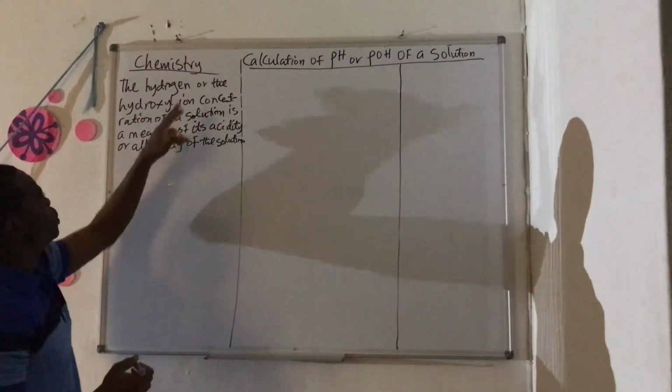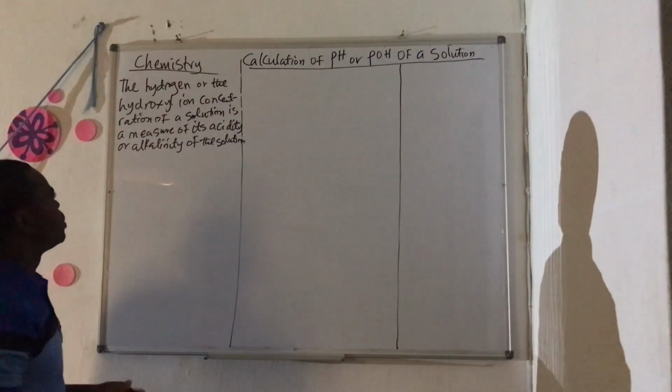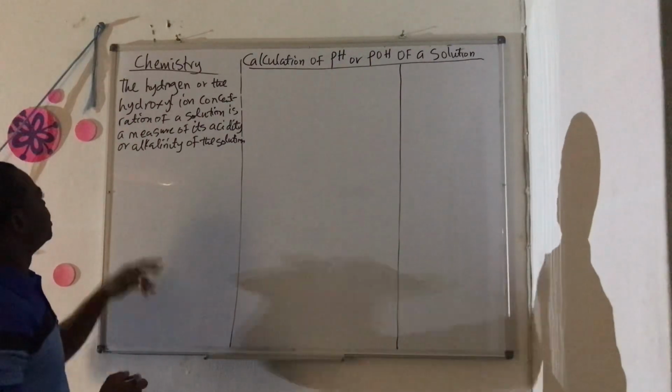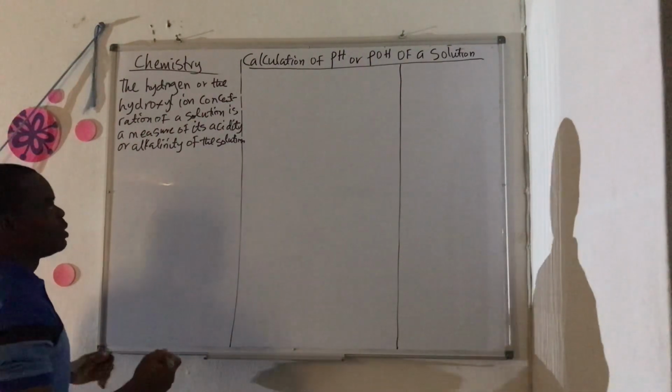So the hydrogen or hydroxyl ion concentration of a solution is a measure of its acidity or alkalinity.